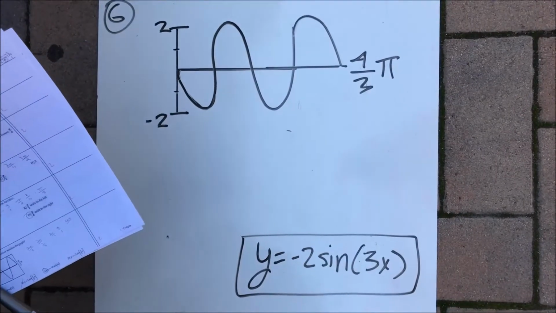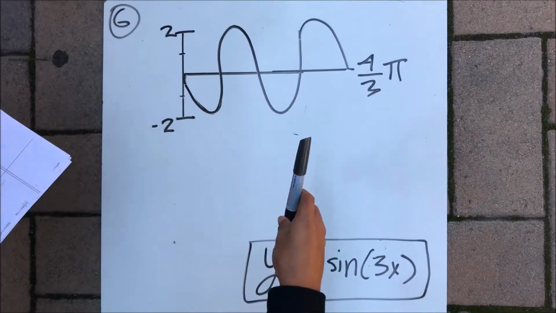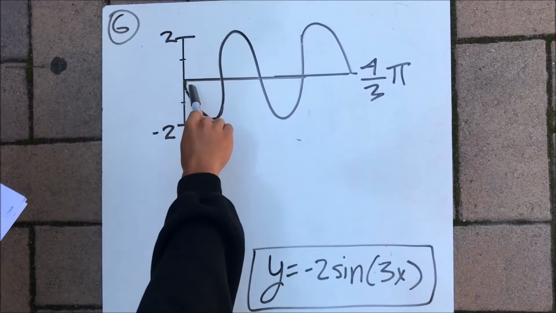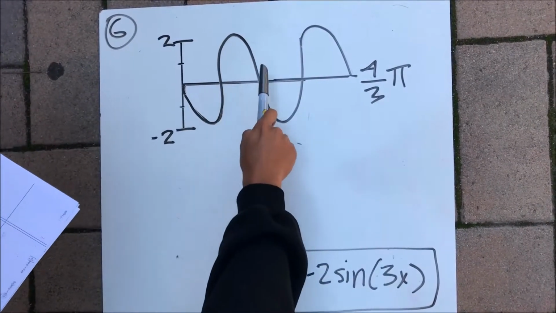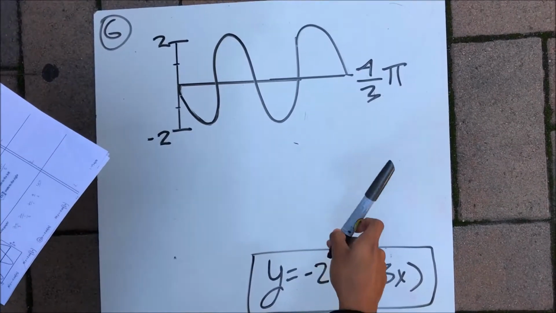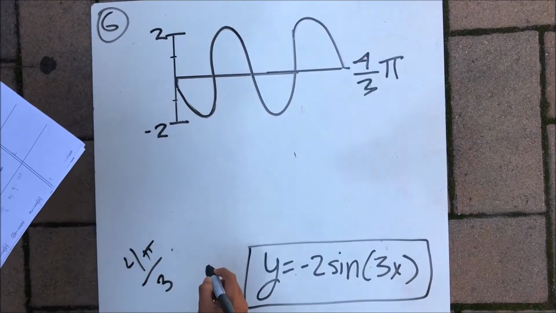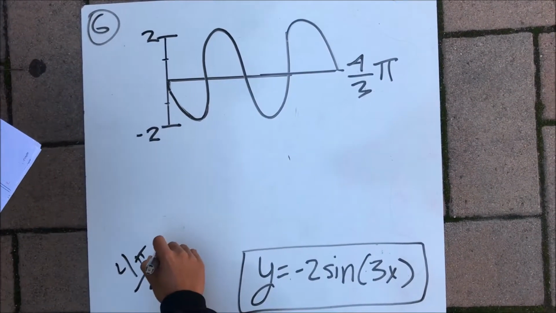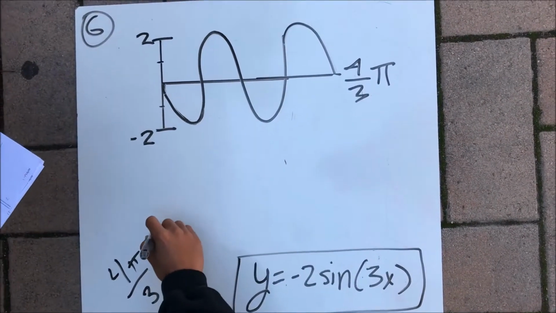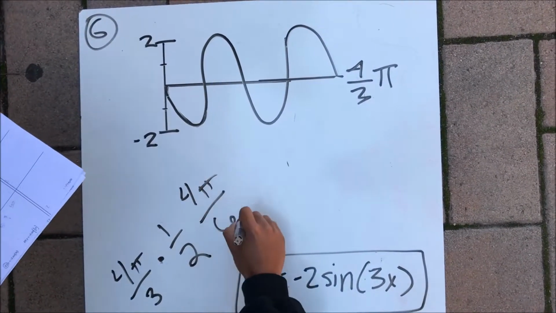And then since it looks like a sine function, it goes from here, down, back up. It's right here, that'll be 1 period. So it looks like it's 2 periods. So 4 pi over 3 divided by 2 is 4 pi over 3 times 1 over 2, which is 4 pi over 6.